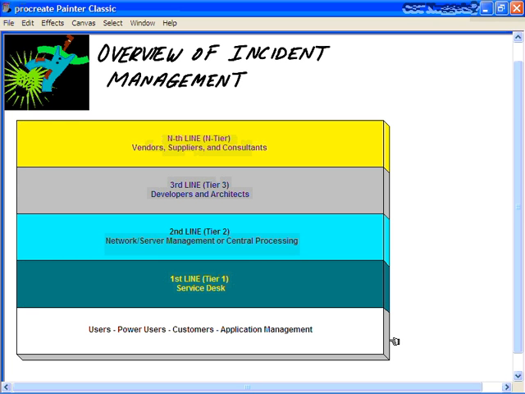But again, at the bottom, we have, of course, our customers, our users, our power users, our corporate application management. And then from there, it's going to move in the incident management process to the first line or the first tier. Again, this can be vertical or horizontal, and that's our service desk, which we've discussed in detail earlier in this CBT nugget.